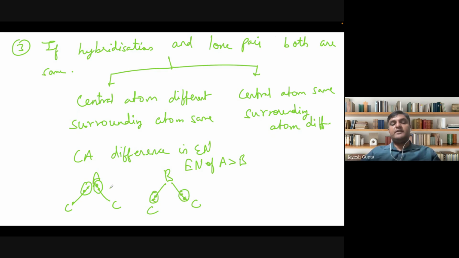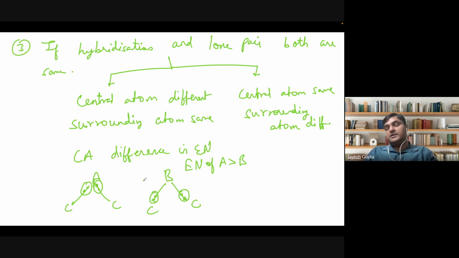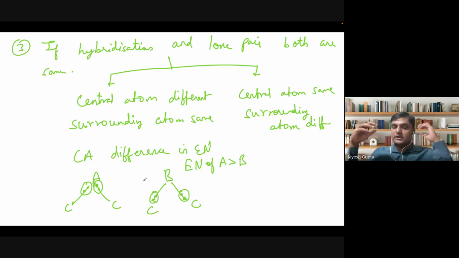Can you tell me in which case there will be more repulsion, in the AC compound or the BC compound? Amitesh, can you tell? Sir, BC? The repulsion is between bond pair and bond pair; if the bond pairs are close to each other, they will repel more. In which case are they closer to each other?